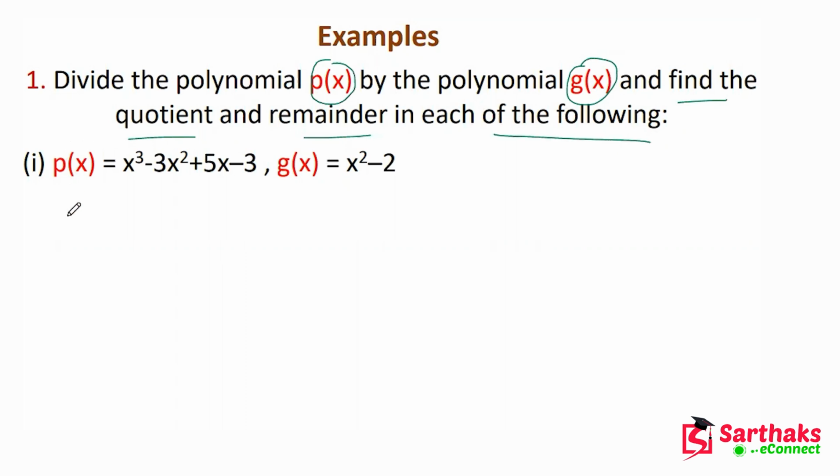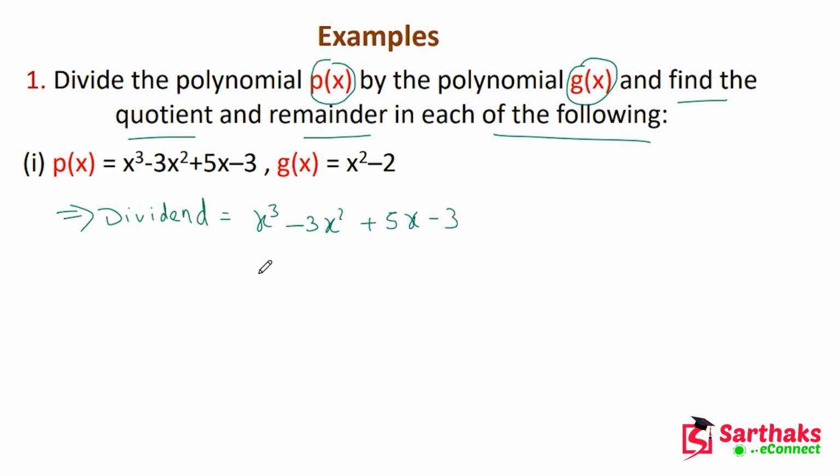First of all, we have a dividend. The dividend is x cube minus 3x square plus 5x minus 3.